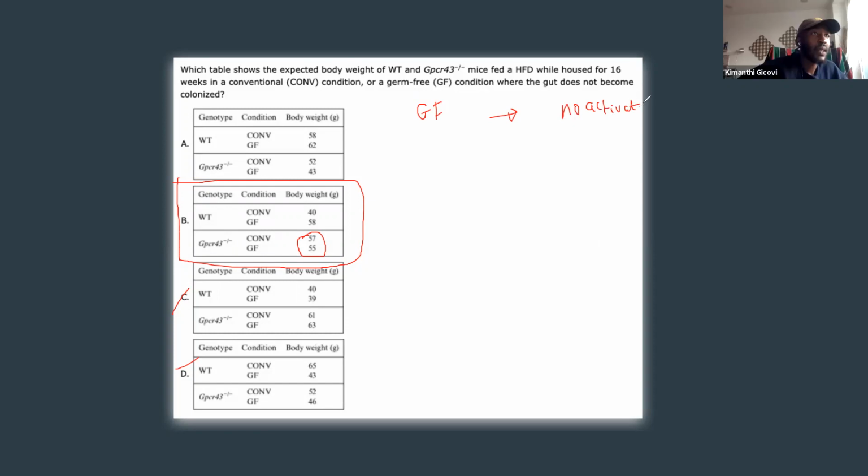And when it wasn't activated, the body weight went up, right? Mm-hmm. And when you had GCPR43 minus, or as Austin would say, receptor, this was what you had, no receptor present, right? Right. And what happened to the body weight? It went up.